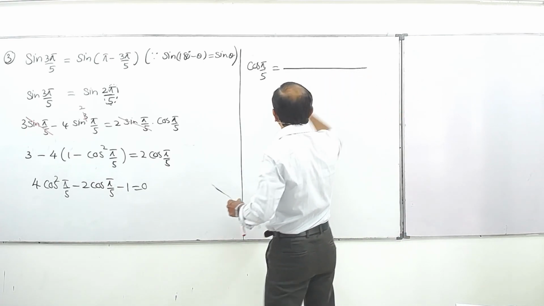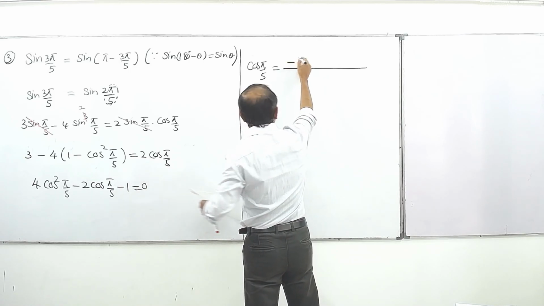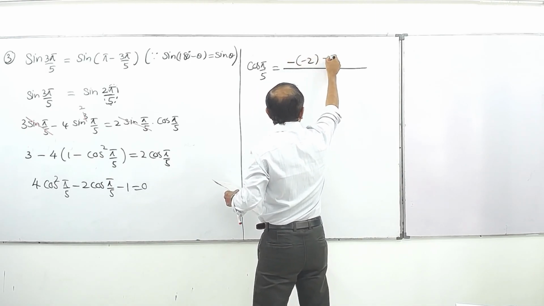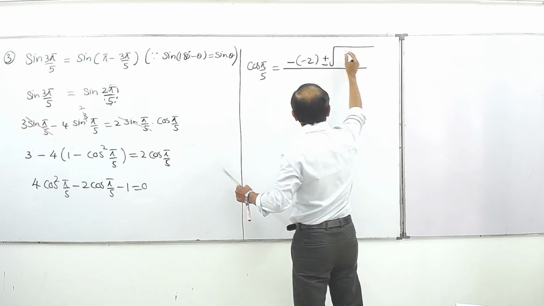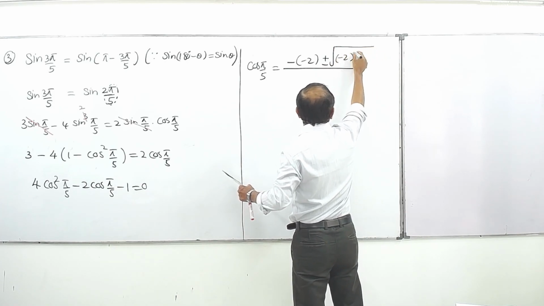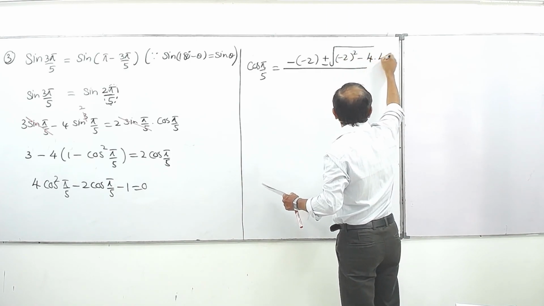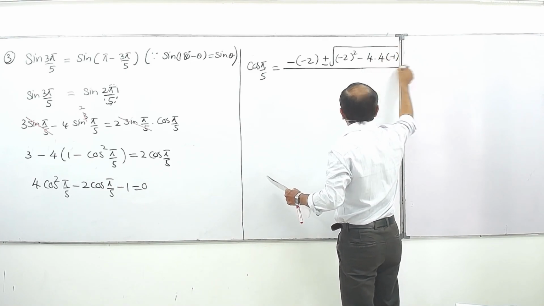Okay, then we get x equals minus b, going to be this minus 2, x equals minus b plus or minus square root of b squared minus 4ac, divided by 2 into 4.